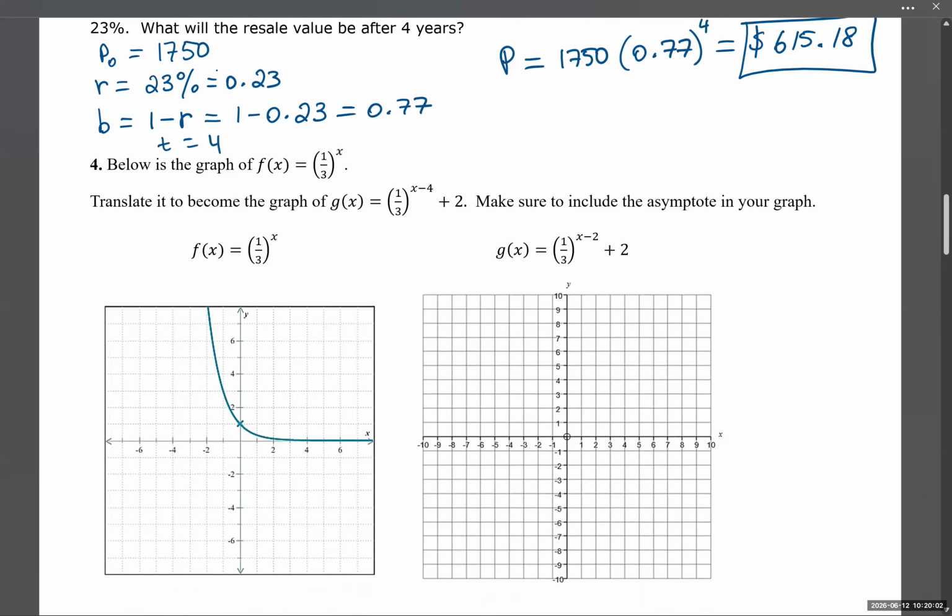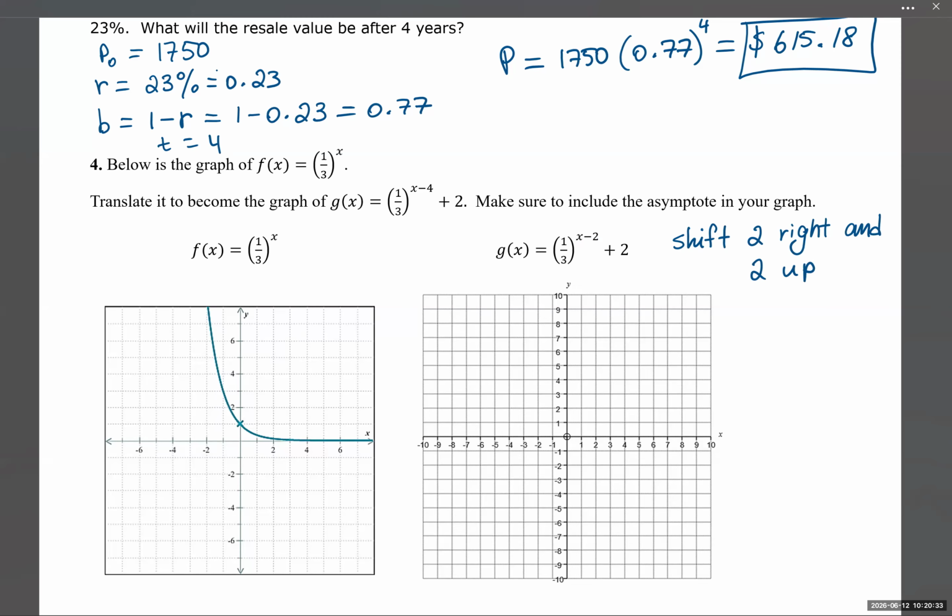Okay, we're given the graph of (1/3)^x. We need to use the grid next to it to graph the transformed function, (1/3)^(x-2) + 2. So we are shifting 2 to the right and 2 up.